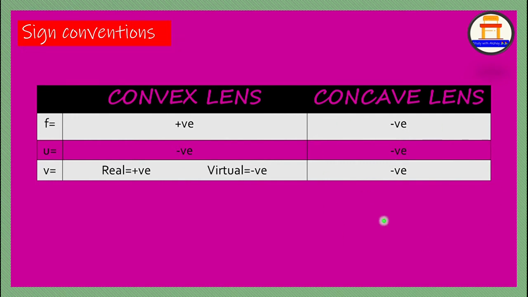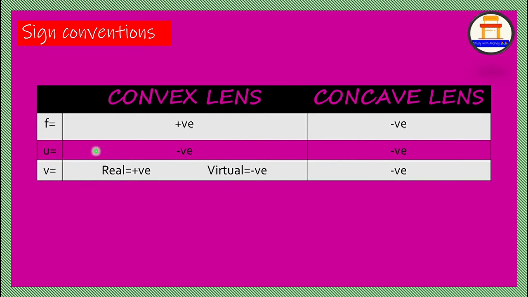Concave lens is the luckiest lens for whoever is studying, in which all the signs will be negative. No need to memorize at all. All the signs for a concave lens will be negative. Keep this in mind. As in the previous slide I explained, for a convex lens, the focal length, f, will be positive, and u is known as the object distance.